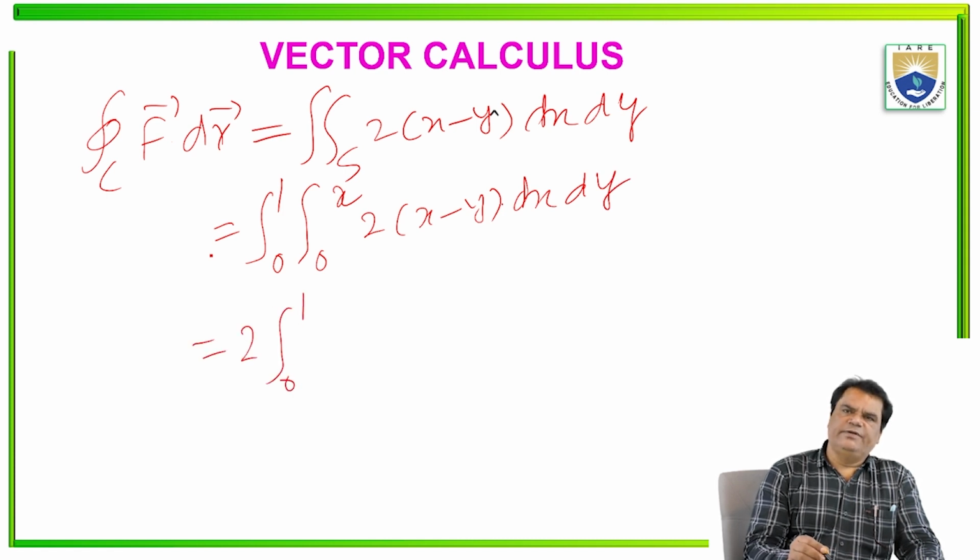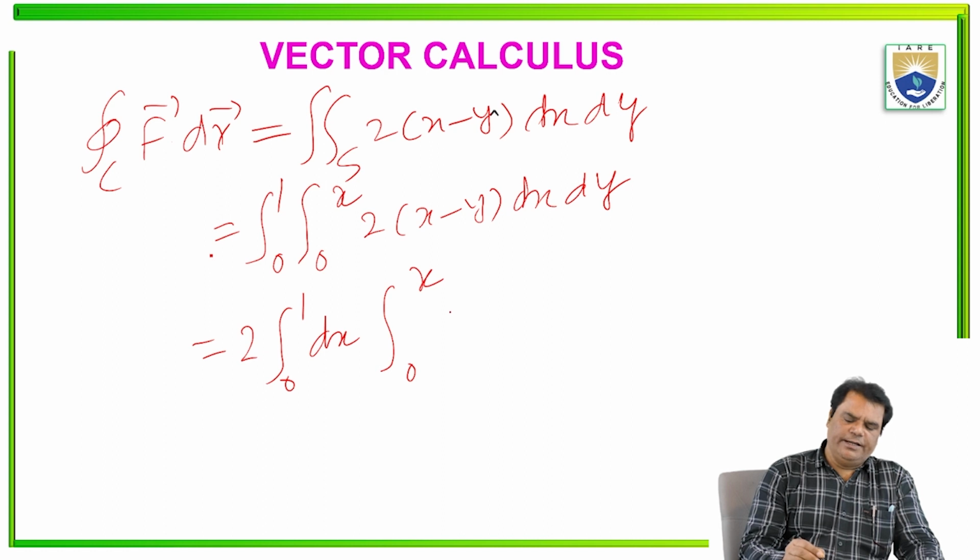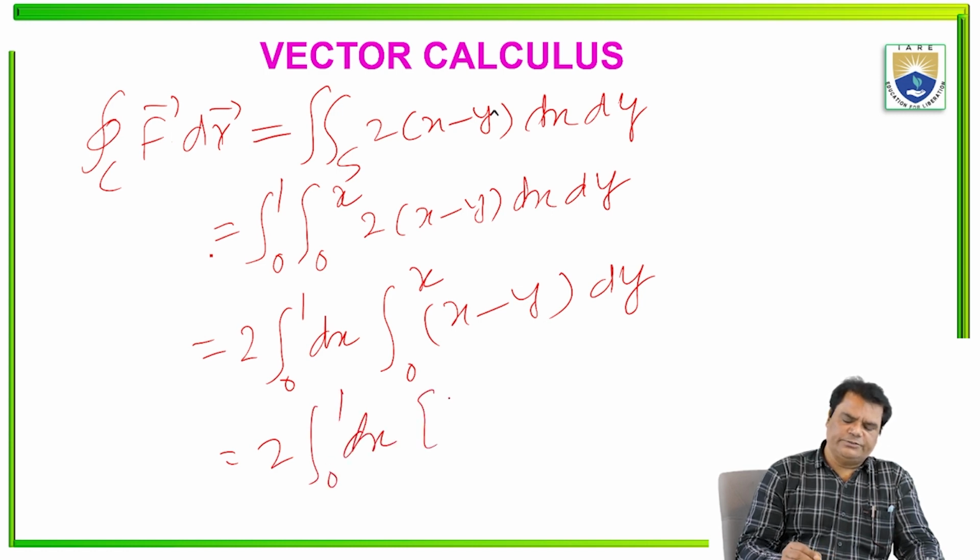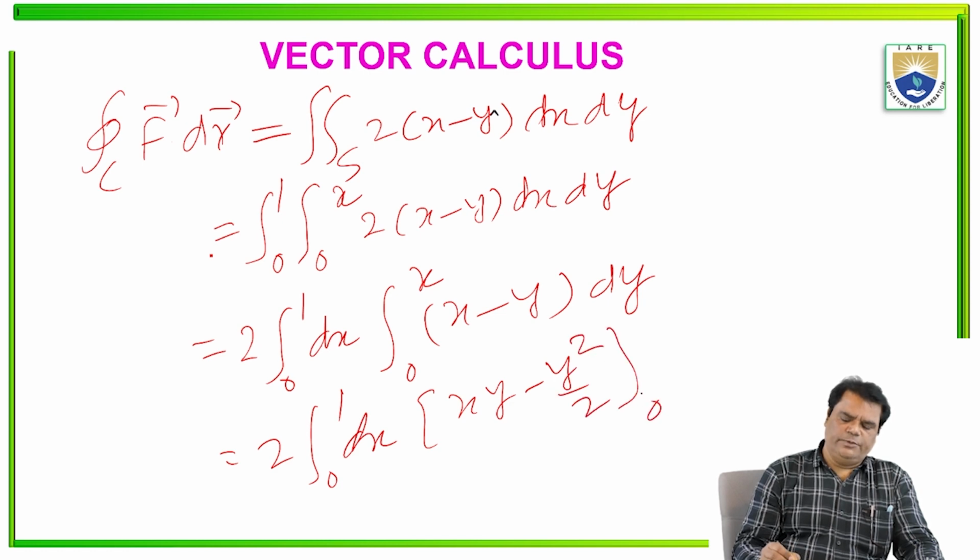First we integrate with respect to y, so dx taking it out. Now 0 to x integrating x minus y dy. So we get 0 to 1 and dx. Now integrating this, xy minus y square by 2, limit 0 to x. Apply it. So this equals twice of 0 to 1 dx.